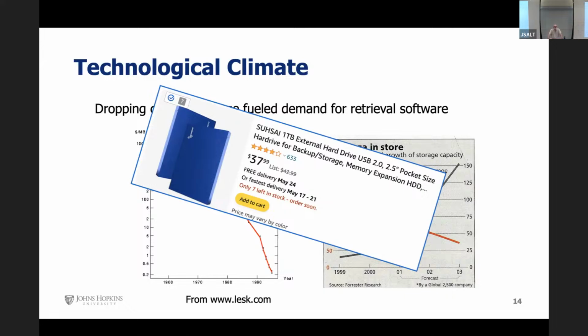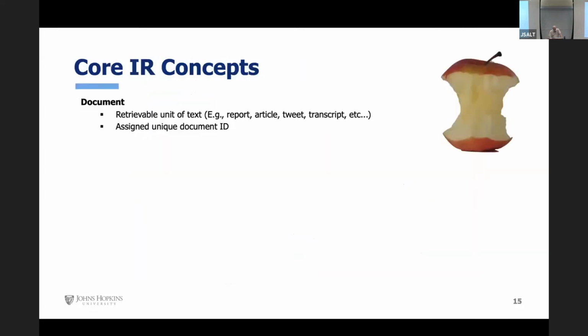How many think it would cost more than $1 million? More than 10 million? More than 100 million? More than $1 billion? More than 10 billion? More than 100 billion? Okay, $10 trillion. The price of disk has come down.